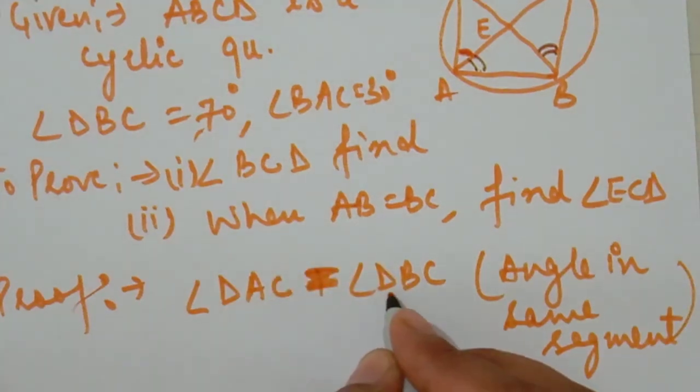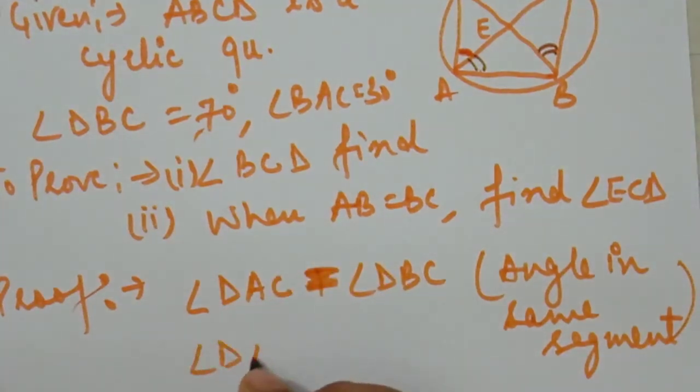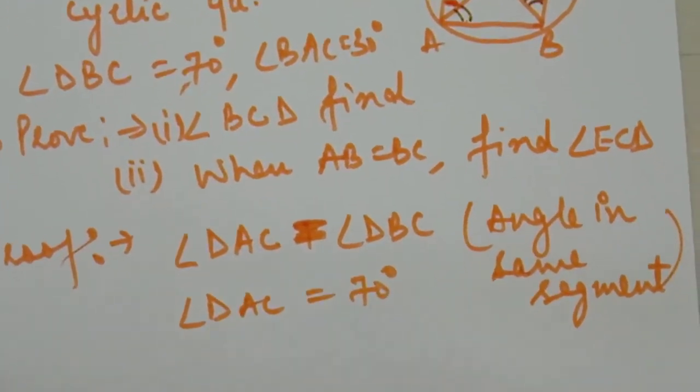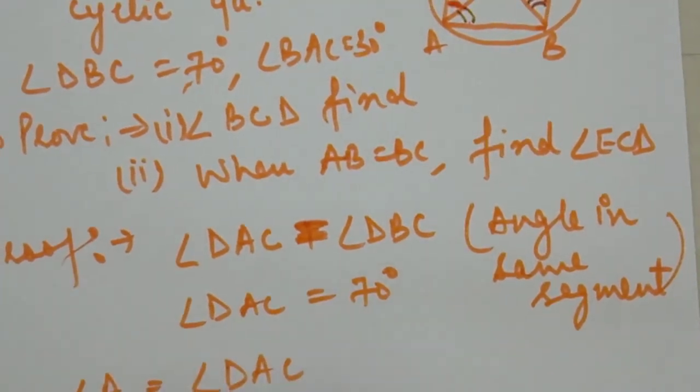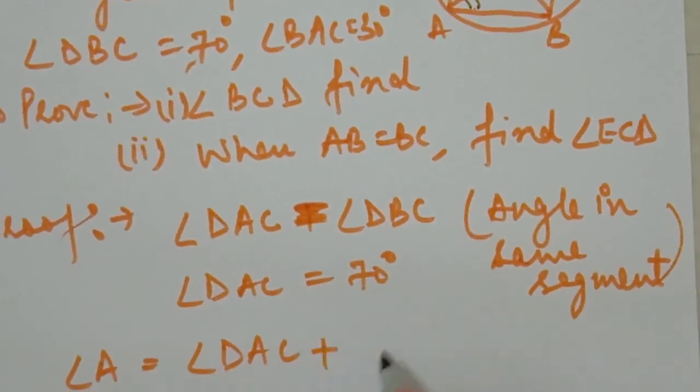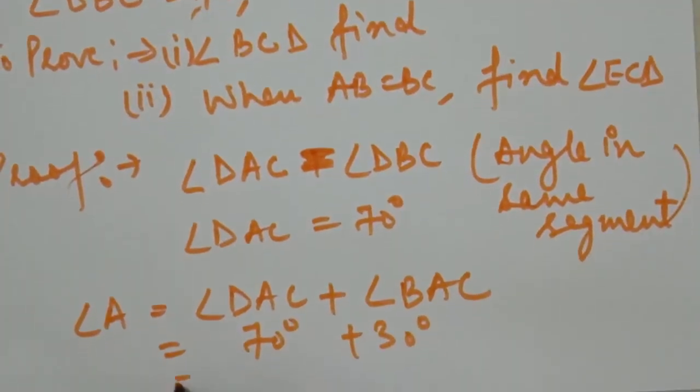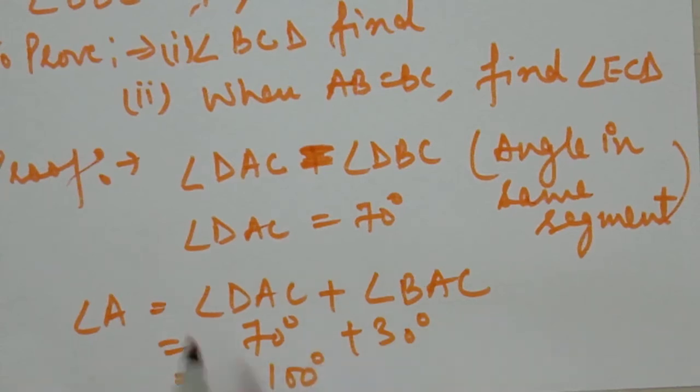So if this angle is 70 degrees, DAC is also 70 degrees. So angle A is equal to DAC plus angle BAC, which is 70 degrees plus 30 degrees, which is equal to 100 degrees. So angle A is equal to 100 degrees.